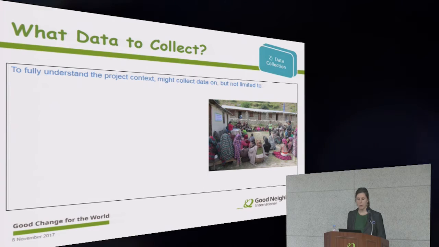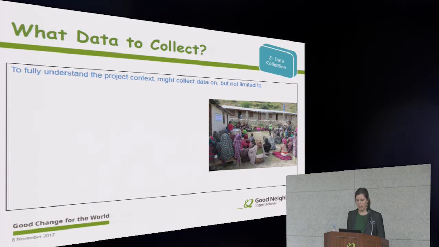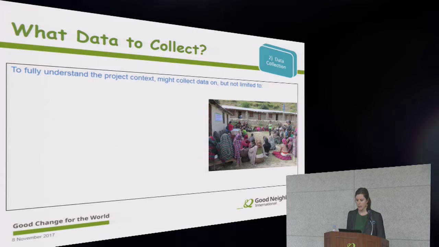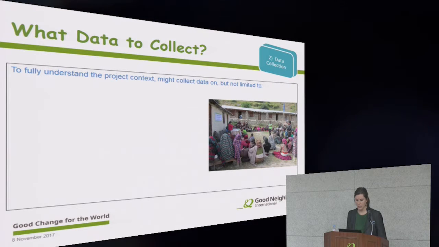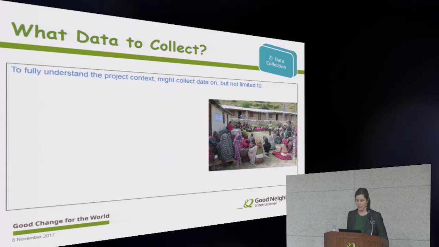Now, after we've properly planned for the assessment, we can begin data collection. So to fully understand the project context, you might want to collect the following, but you're not limited to this data.